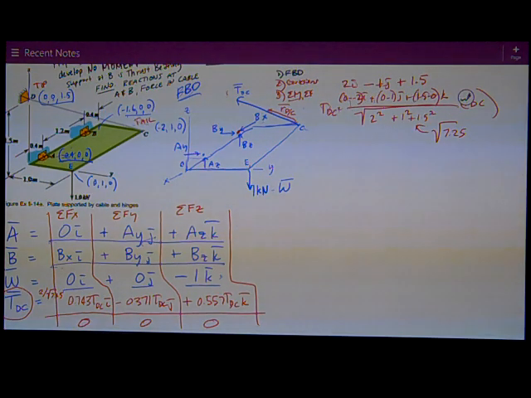For the force at A, I need a position vector from B to A, which we would call R A over B. I need a position vector from B to point E, which we would call R E over B. And I need one to the cable at C, which we would call RC over B.